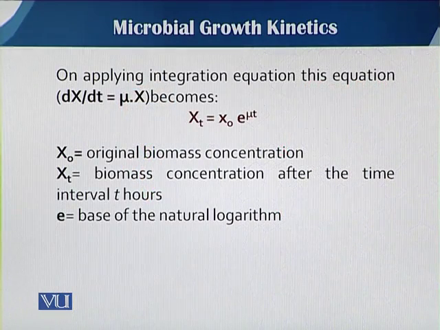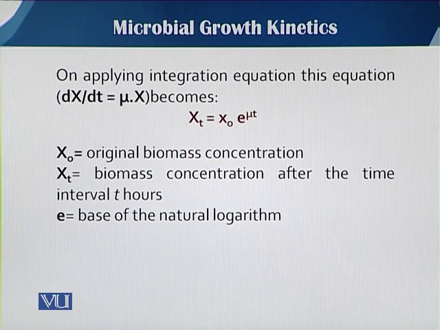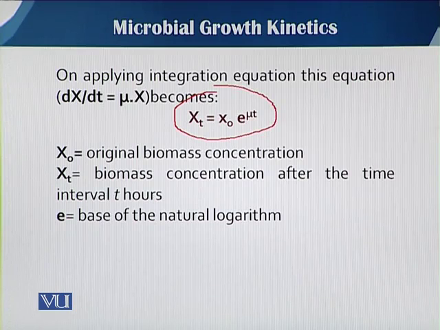When this previous equation, dx over dt is equal to mu dot x, is integrated, this equation can be transformed into Xt is equal to x naught e to the power mu t.